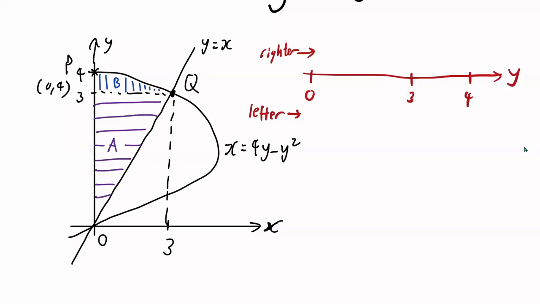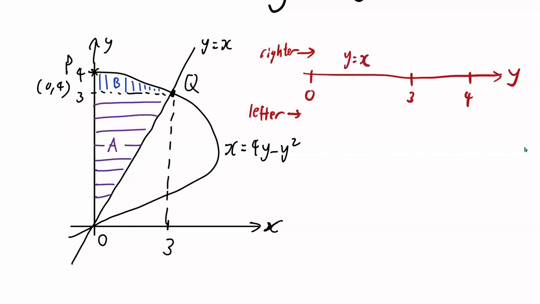Who is the righter function surrounding the shape here? Y equals x, so we should label on top here y equals x.